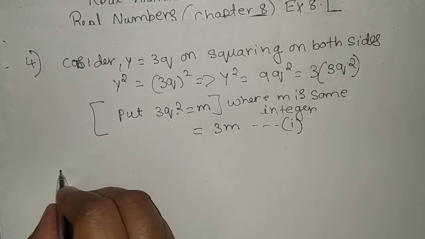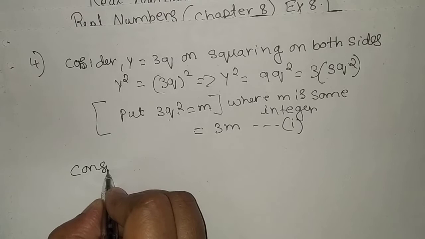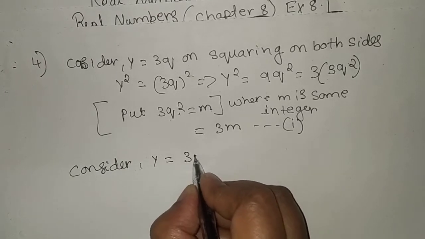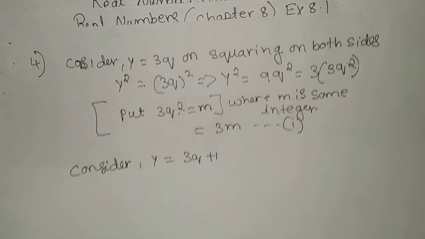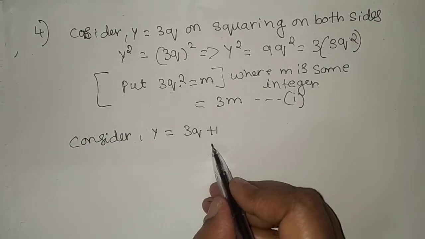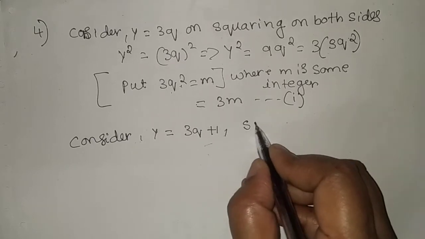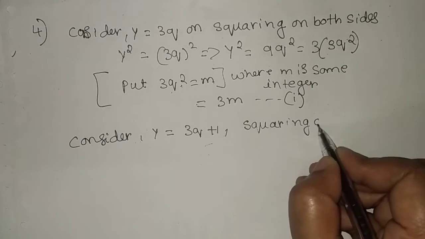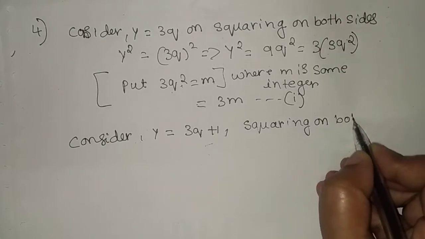Next step. Consider y is equal to 3q plus 1, squaring on both sides.